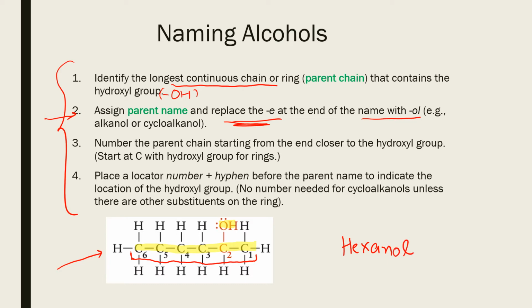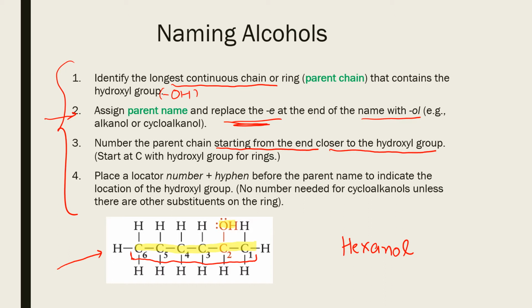After we figure out the name of our alcohol, now we need to identify the locator number, or at what carbon the hydroxyl group is connected. In order to do that, we need to number the parent chain. We start from the end which is closer to the hydroxyl group.